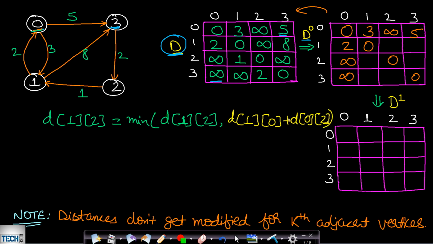So this is the formulation. Now what will be the value? In this case it will be the minimum of the distance of 1 to 2, which is infinity, comma, the 1 to 0 distance, which is 2, plus the 0 to 2 distance, which is infinity, so it will come out to be infinity.